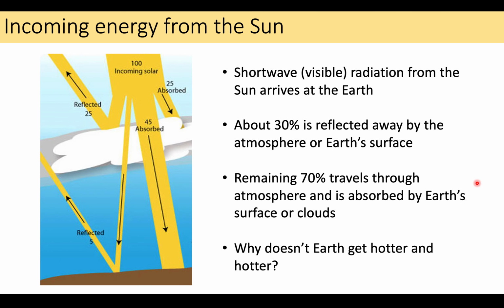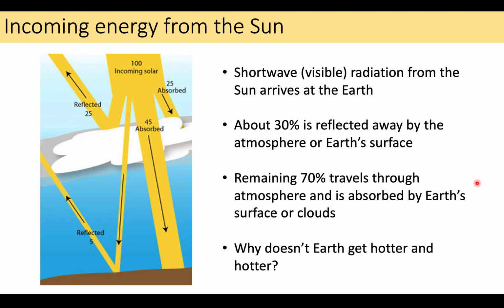When that energy comes towards the Earth from the sun, it is in the form of shortwave radiation. It is in the visible part of the spectrum, so it's visible light that comes in from the sun to the Earth.